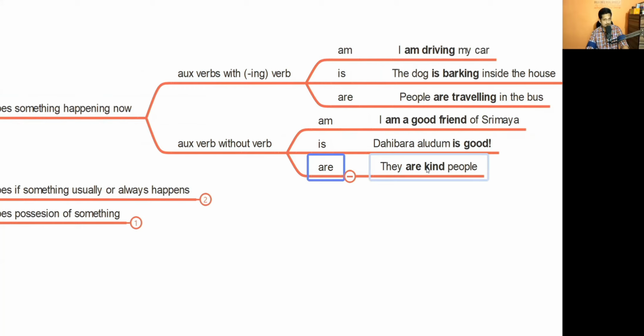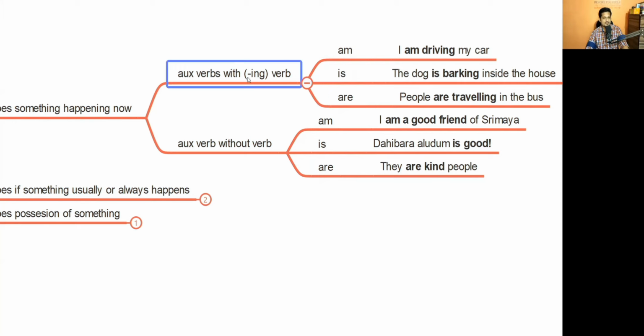Now, what I would request you to do right now is to pause this video and type 20 sentences in this form using am, is, and are. I'm not telling you to write 20 in each.